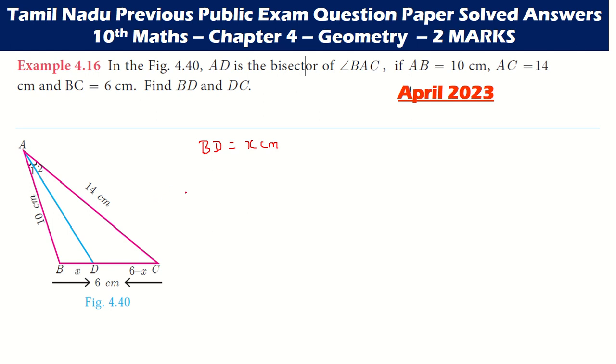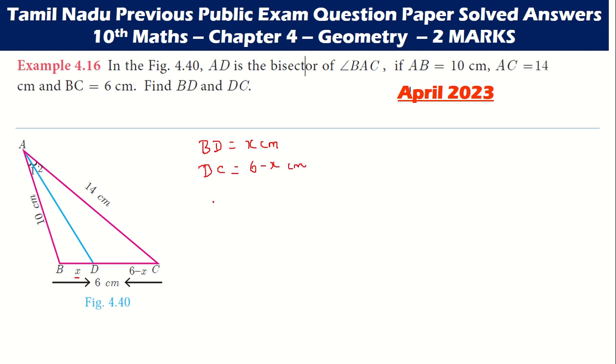ஸோ BD is equal to x centimeter னு எழுதிங்க. தென் DC எப்படின்னா இது பாருங்க, டிசியில் என்ன கொடுத்துருக்காங்க, 6 minus x, அதாவது டோட்டல் 6. இங்கே எக்ஸ் இருக்கு, இங்கே 6 இருக்கு. So DC is equal to 6 minus x centimeter.